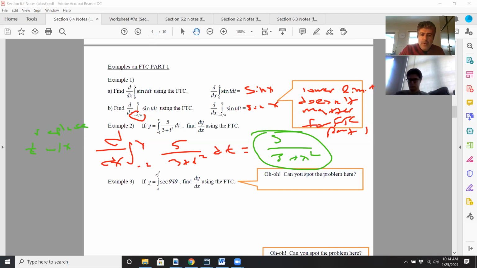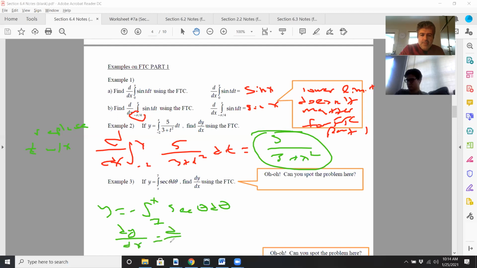Now here, the lower limit is actually, or the constant, is now the upper limit. So you have to reverse it. You do have to reverse it. You want the constant as the lower limit here, like that. Then we do dy dx.